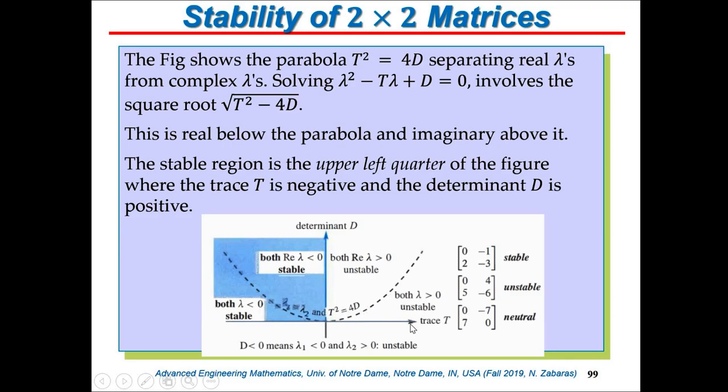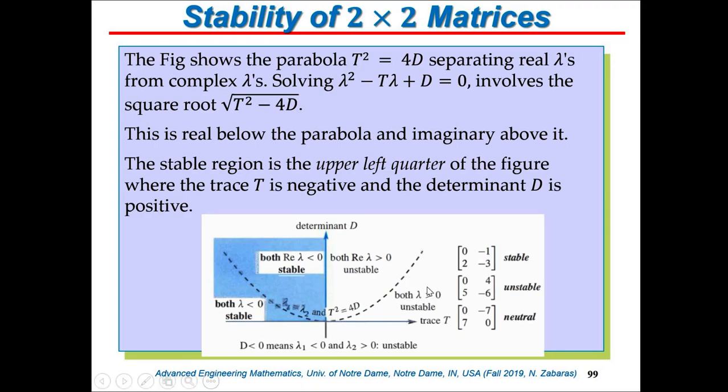And because t is on the horizontal axis, below the parabola, t squared is greater than 4d, all right? So below the parabola, I am going to be getting real eigenvalues, and above the parabola, I'm going to be getting complex eigenvalues.